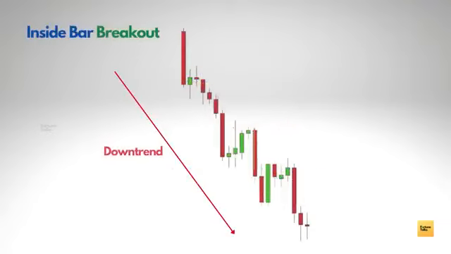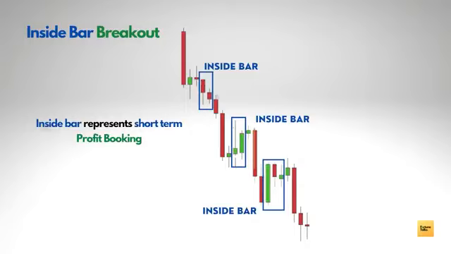Let us start with trading the inside bar as a breakout. The first key to trading the inside bar as a breakout strategy is identifying a strong trend, either higher or lower. In this example, the price is in a strong trend lower, and because there is a strong trend, the inside bar represents a pause in the price action where some profit booking is being taken and the price is taking a breather.